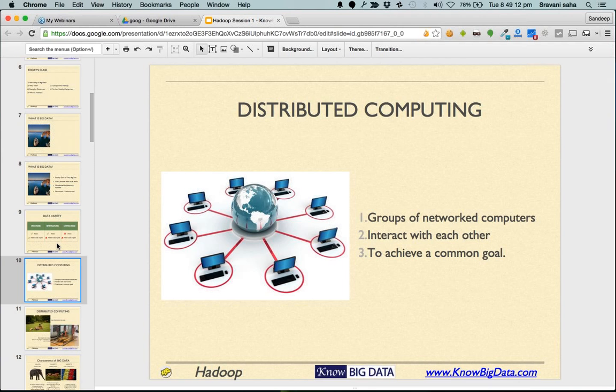We take the computers, connect them to a network or Ethernet or whatever mode you want, assign them parts of the problem, let them solve it, and get the results consolidated. That is distributed computing. Sometimes we also refer to distributed computing as parallel computing, but there is a minor difference in definition, which is out of context right now.